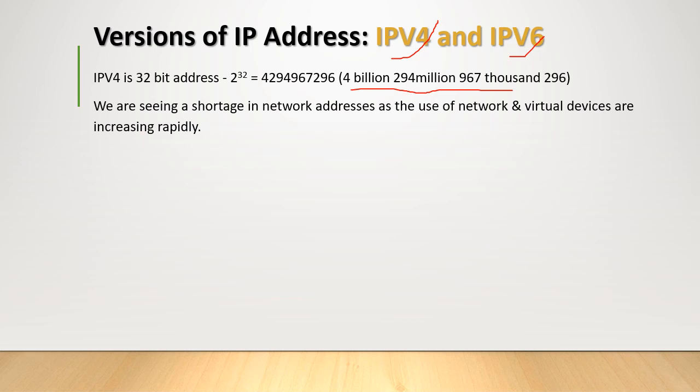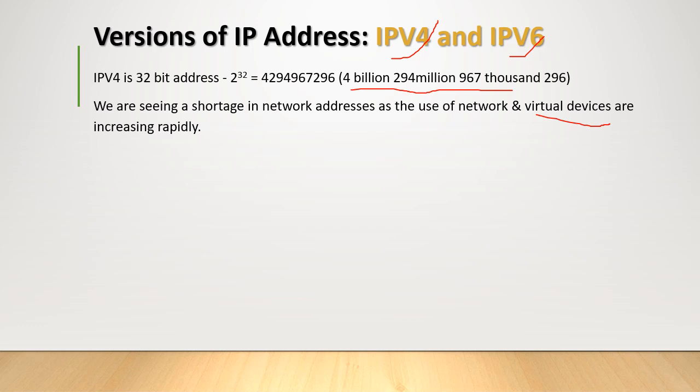And since we are connecting a lot of virtual devices like your mobiles, iPhones, iPads, security devices, alarms, and printers, due to that we have a shortage of networks, and there is a depletion of IPv4 addresses because we have only 4,294,967,000 addresses available.